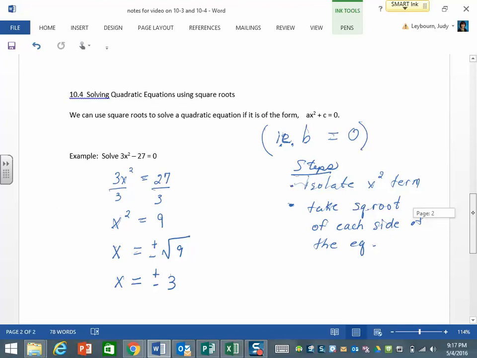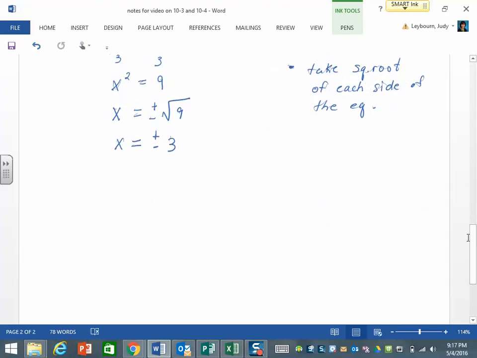If we're solving and we have x squared equal to 9, and since 9 is greater than 0, then we will have 2 solutions, because we'll be able to take a square root of a positive number.